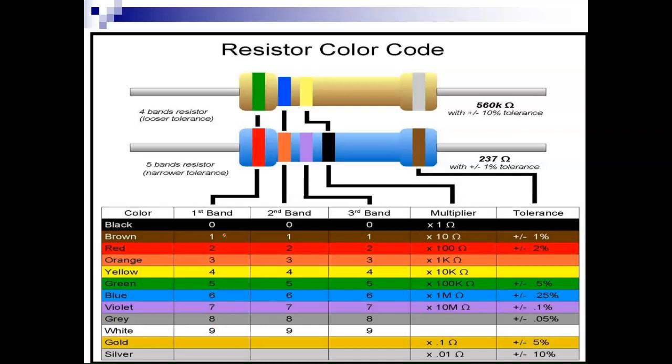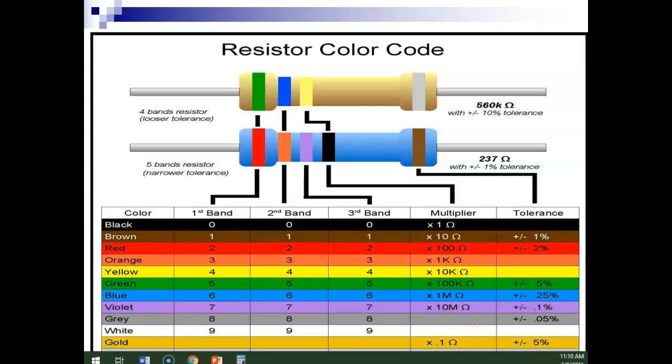You will never have a resistor that starts with gold, silver, or black, because you do not start with a negative number and you do not start with a 0. And in between that, you have brown, red, orange, yellow, green, blue, violet, then gray, and white.